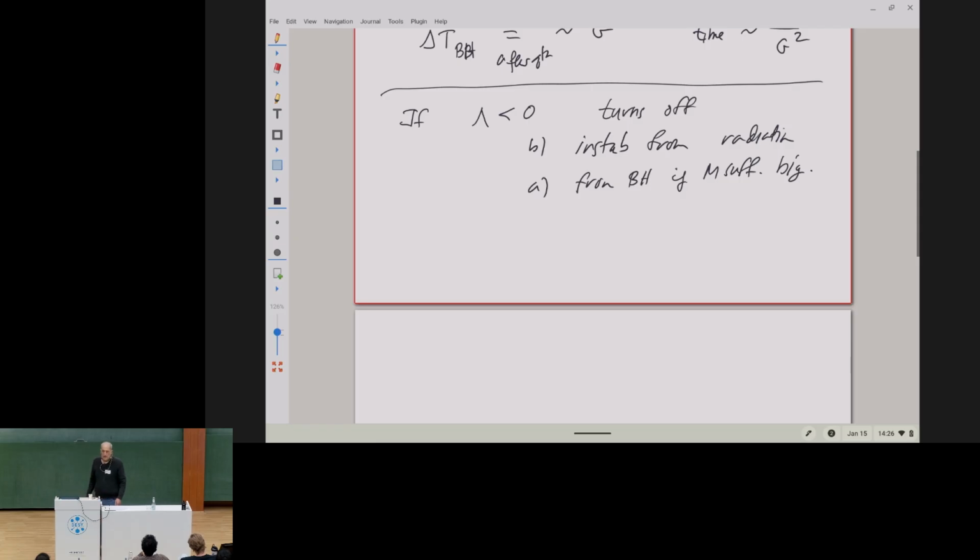So we'll discuss that eventually. So with lambda negative, it actually is possible to have perfect equilibrium between a black hole and radiation.